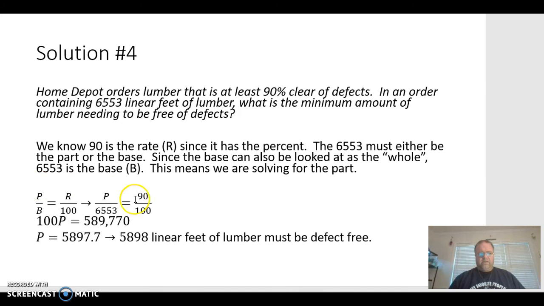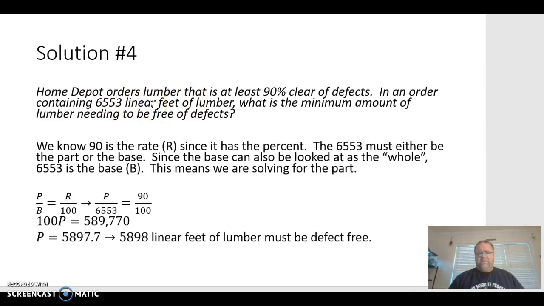All right, so let's start with what we know here. It says 90%, so right away that 90 is with the percent, so we can replace our R with 90. The next thing is it gives us this number of 6,553. Well, we know that either has to be the part or the whole. Well, this is the entire order that they're talking about.